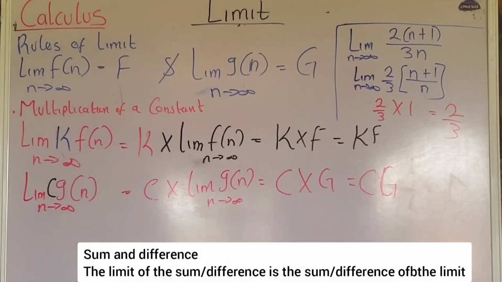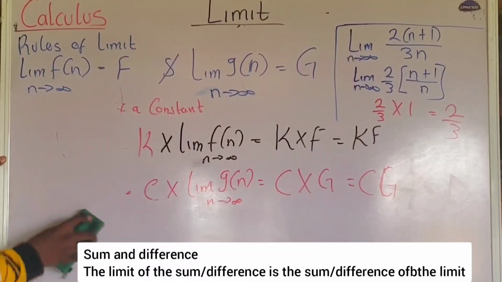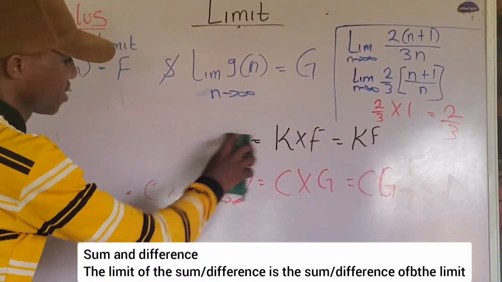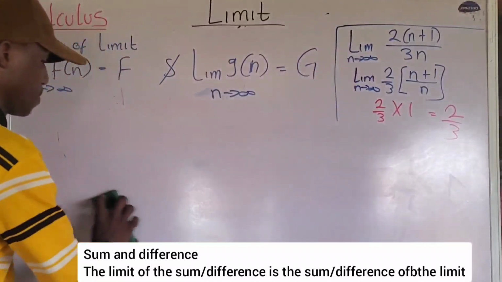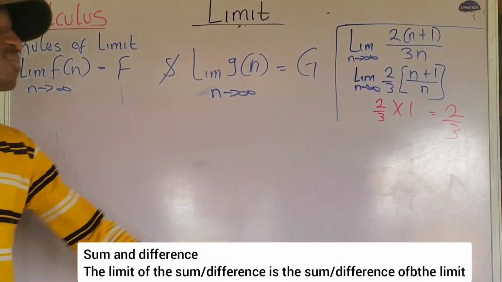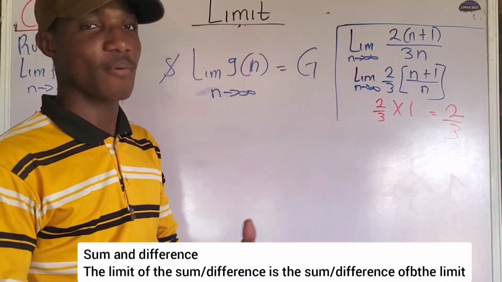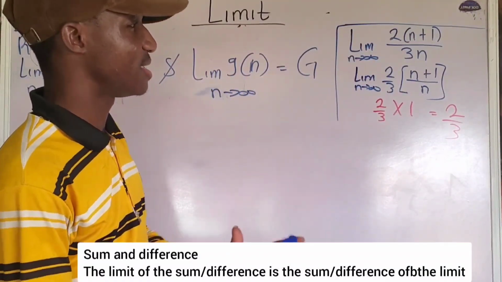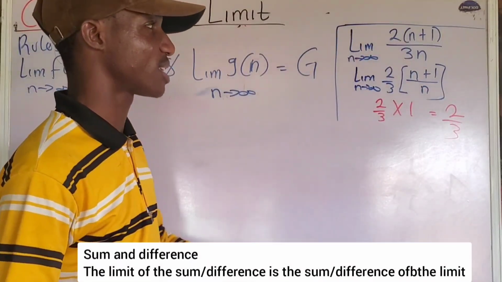Okay, let me erase this. Now, the example that you saw that I did here is just an example of the first rule, which is the multiplication by a constant.